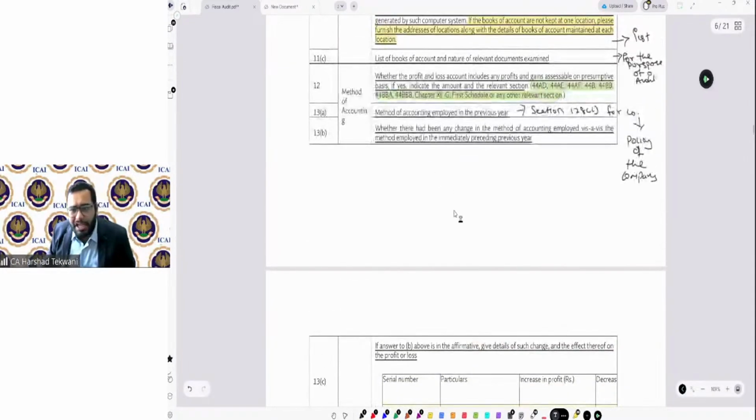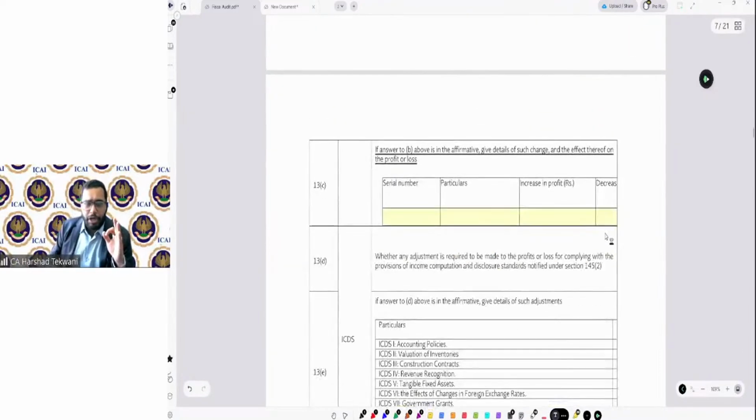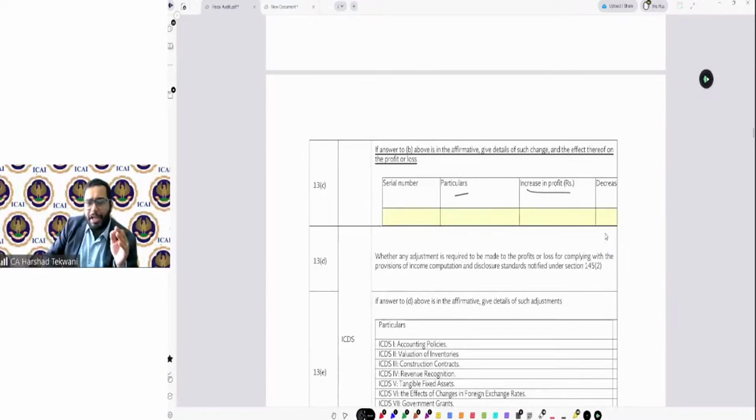If there is a change in the method of accounting, then you need to provide the details of such change, where it is impacting the particulars, whether it is an increase or decrease in the profit, and accordingly you need to provide the details over here.